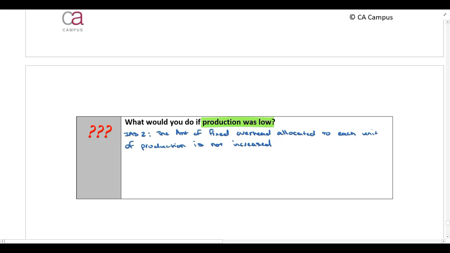We leave the allocation rate at R5.20 per unit. We don't change anything. So therefore, if we don't change the fixed overhead allocation rate, the value of inventory also will not change.